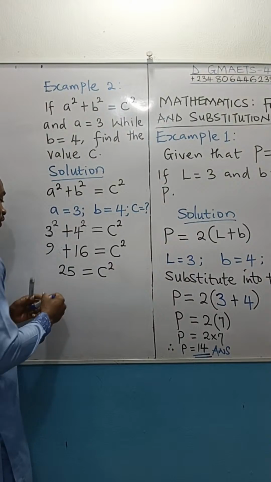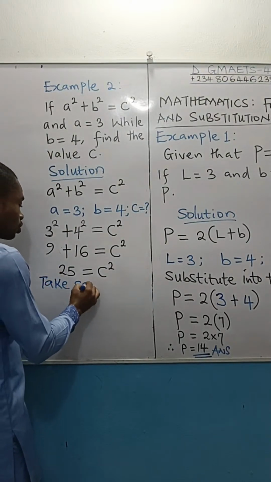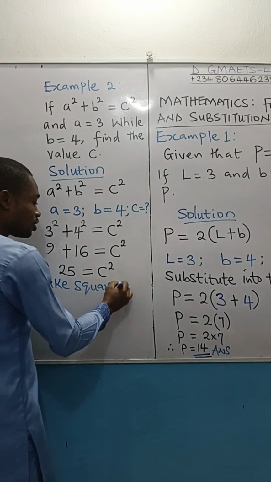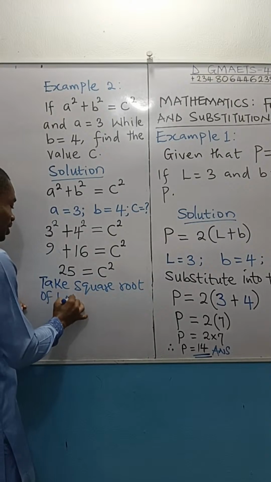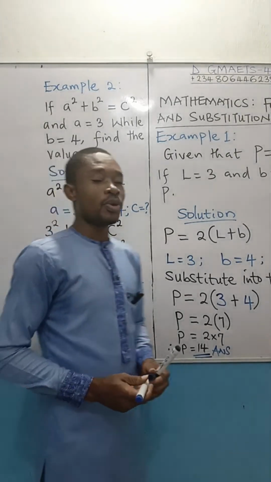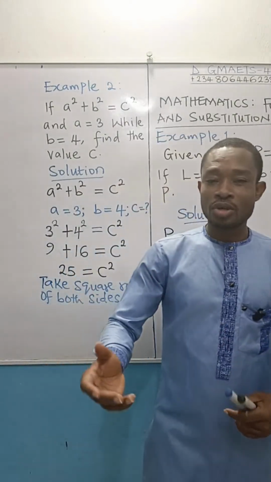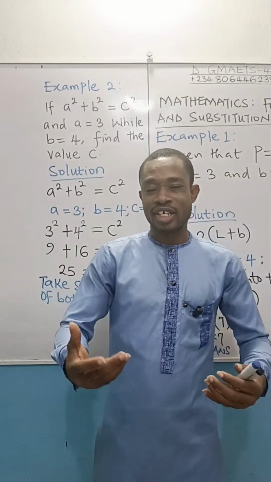So let me write it first. Take square root of both sides. Good. You know, in simple equation, I taught you collection of like terms, cross multiplication, dividing by the coefficient of the unknown.